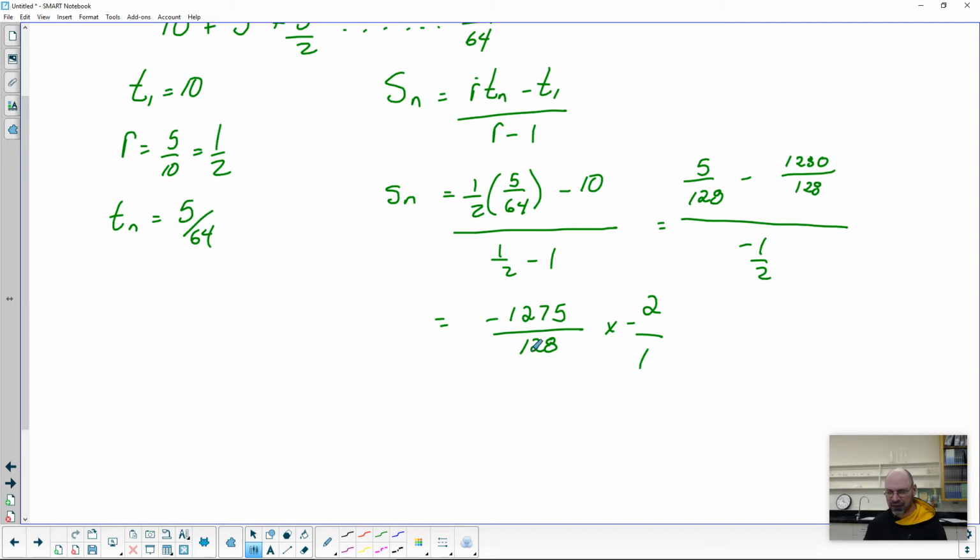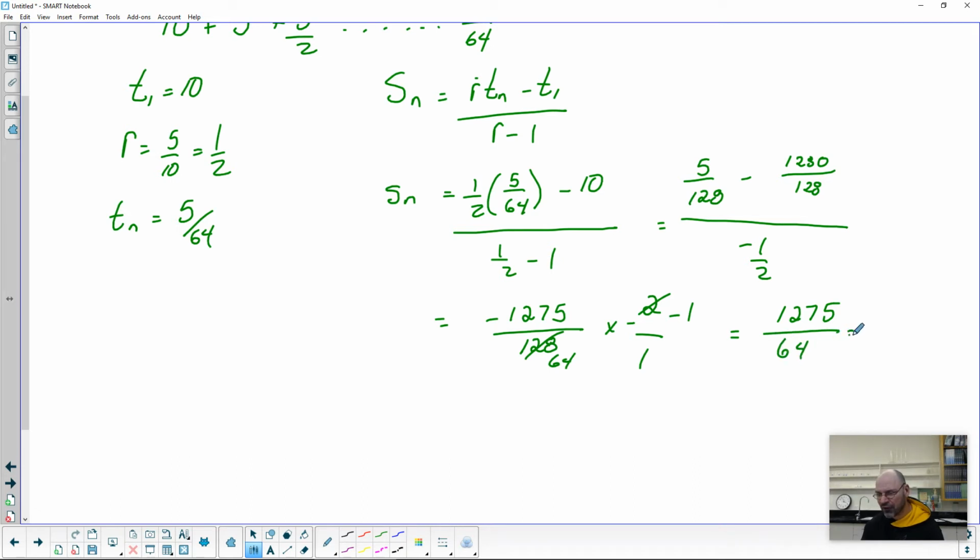Okay, we can do a reduction here to 64 and negative 1, and then we can do our math. This would be positive 1275 over 64, which does not reduce.